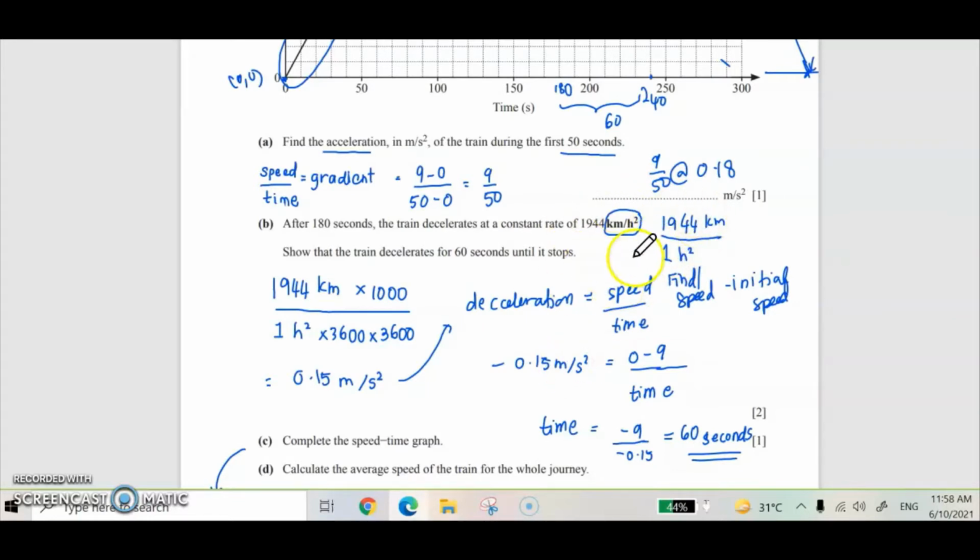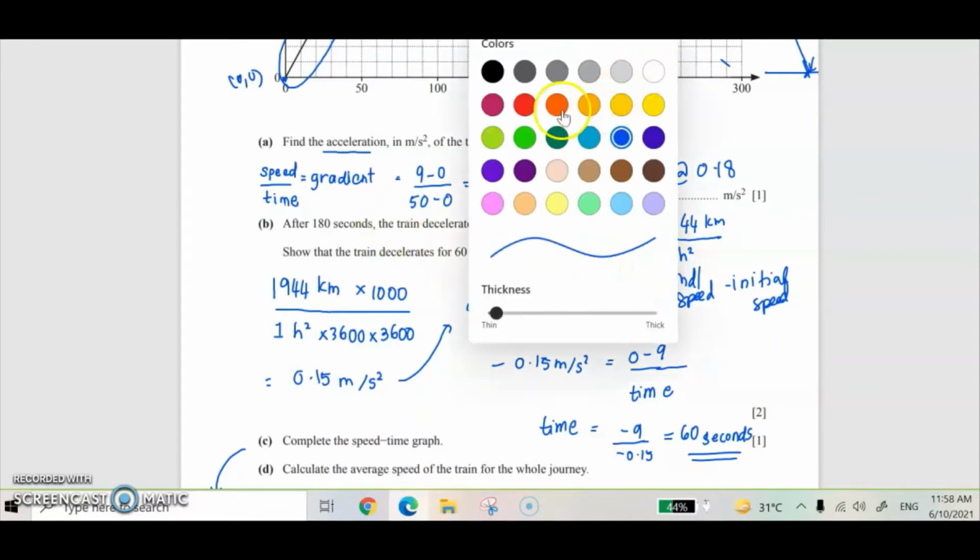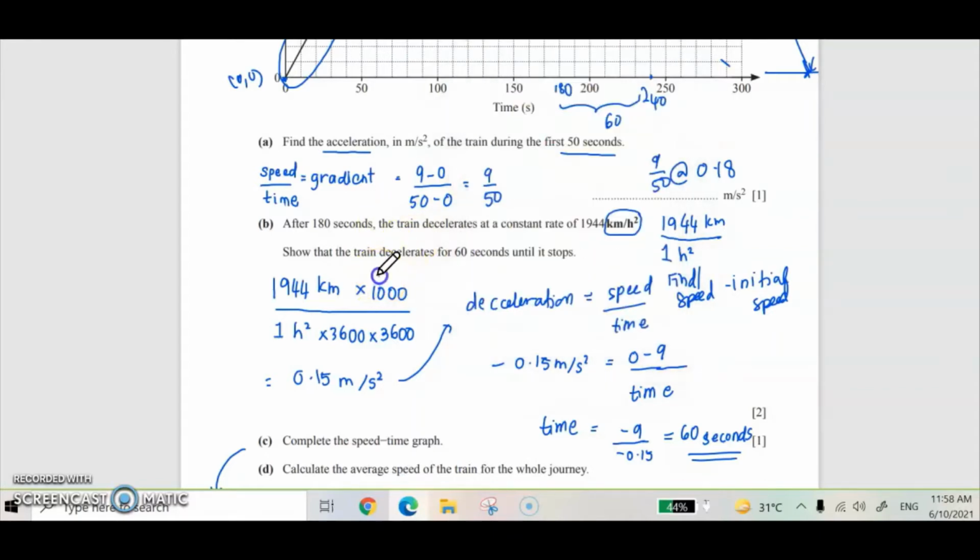That is the meaning from this unit. Okay, jadi kita nak convert into meter. Okay, 1 kilometer is equal to 1000 meters. Jadi kita kena darab dengan 1000, which is kita akan dapat meter.